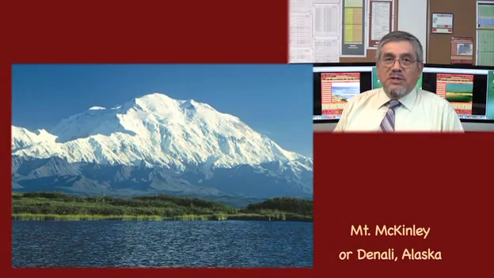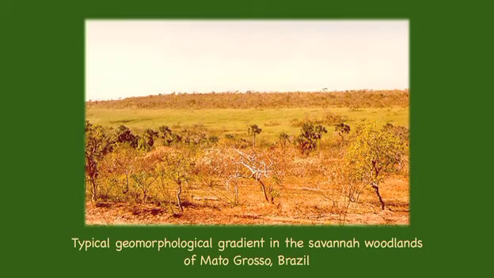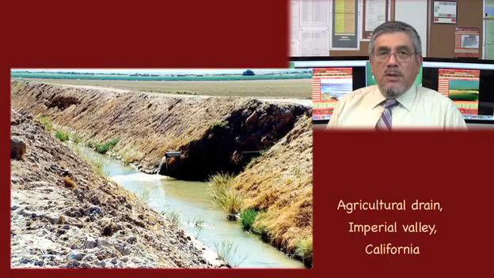Snowpack and ice caps: glaciers can hold great quantities of water. Land surface: vegetation gradients reveal differences in moisture. Soil: soil can hold significant amounts of water.